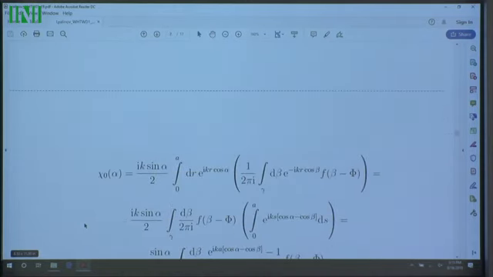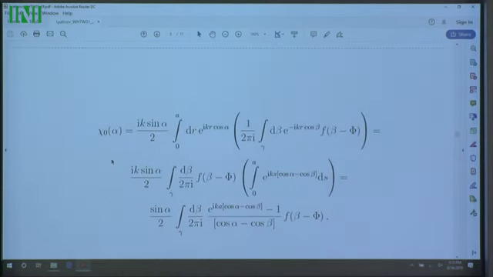This derivation is nothing more, but we can substitute the Sommerfeld integral into the expression for the total field, change the orders of integration, and after some simple calculation, we arrive to this integral.